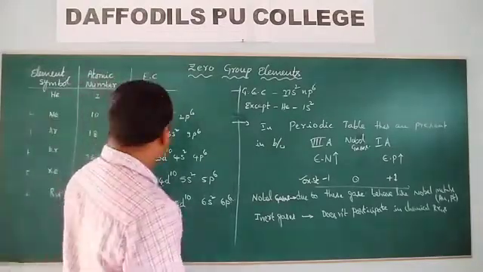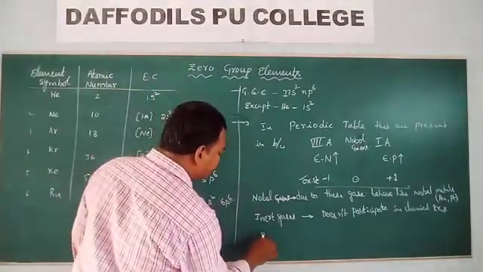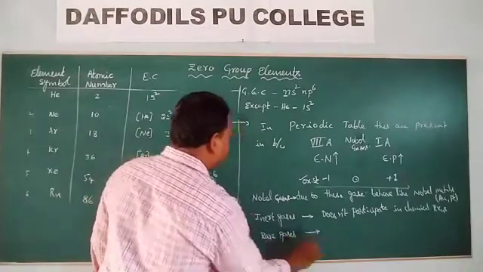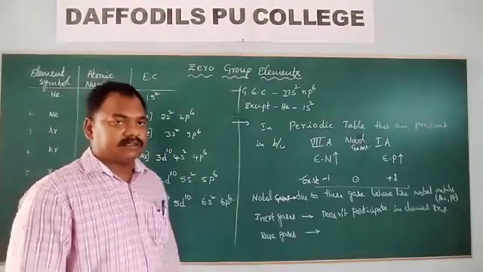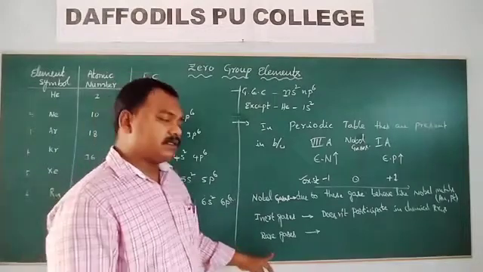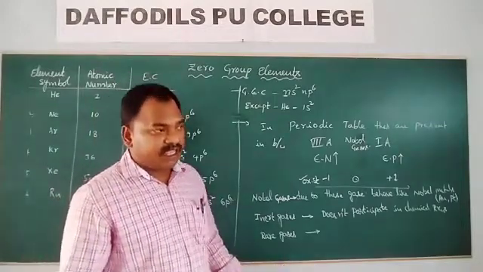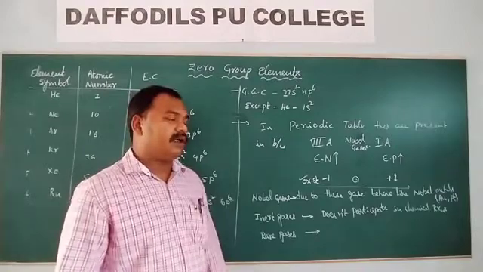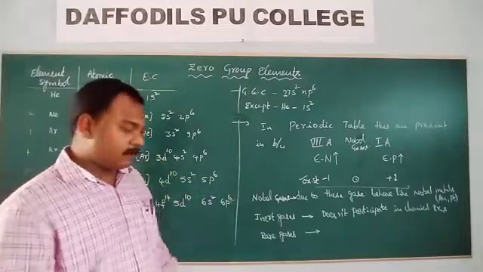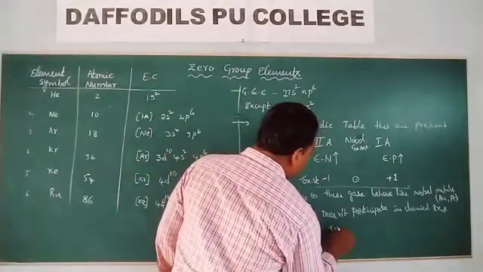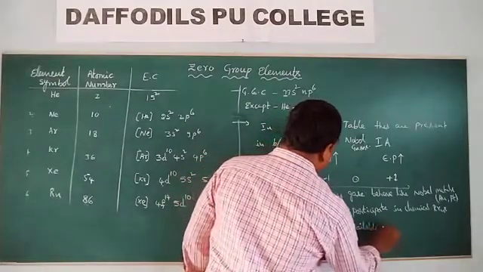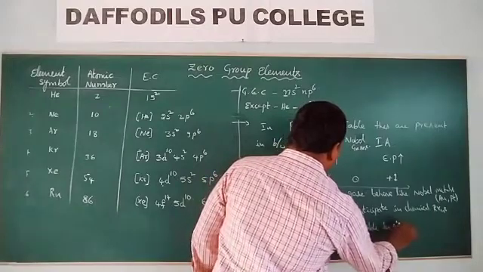These elements are also known as rare gases. Why are these known as rare gases? Because these gases are very rarely available in the atmosphere, rarely available in air.